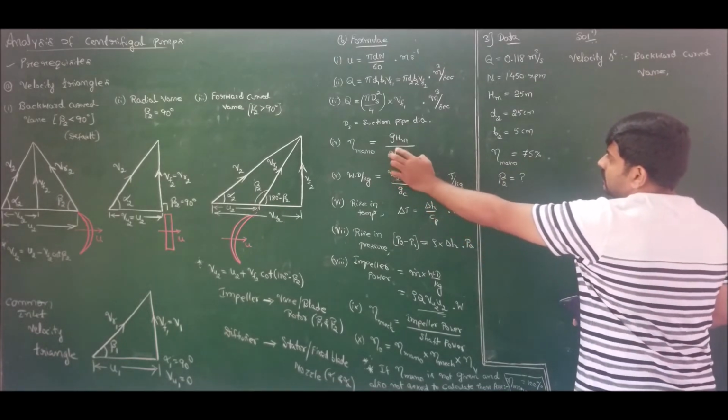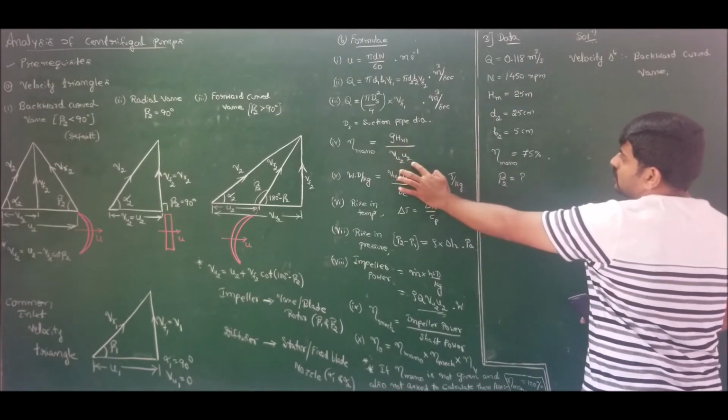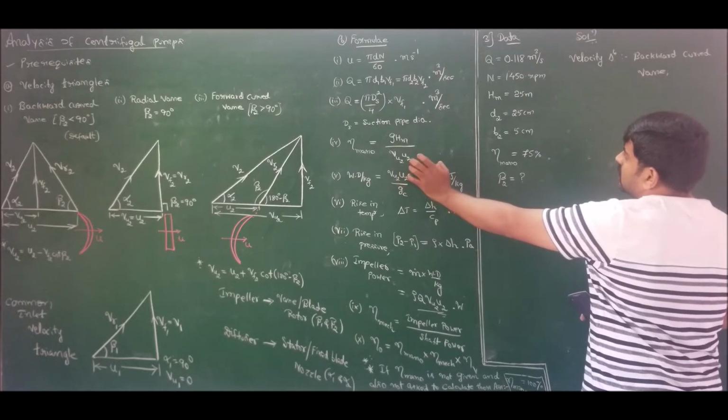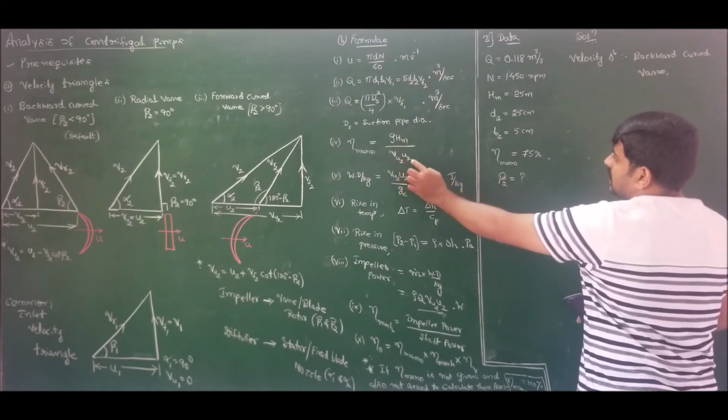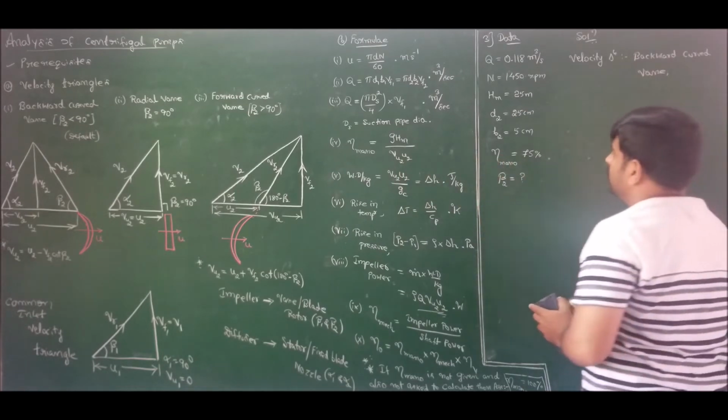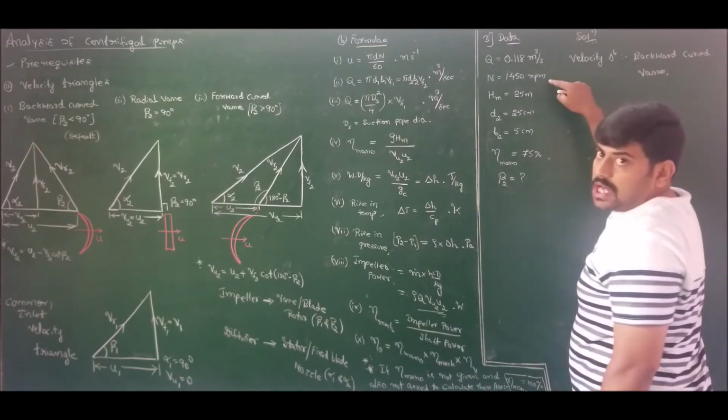Manometric efficiency is given by g Hm by VU2 U2. So if I use this, we will get two unknowns. We don't know VU2 and U2. First, let us calculate the value of U2, because we know diameter and we know RPM.